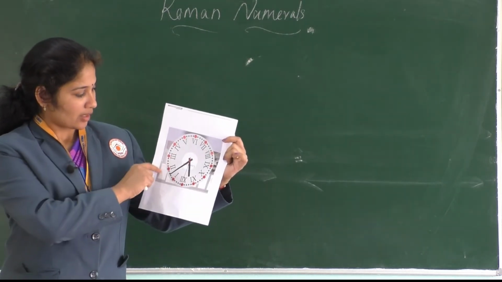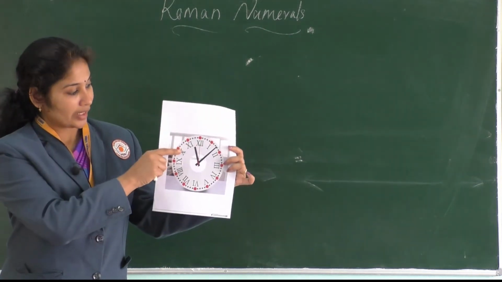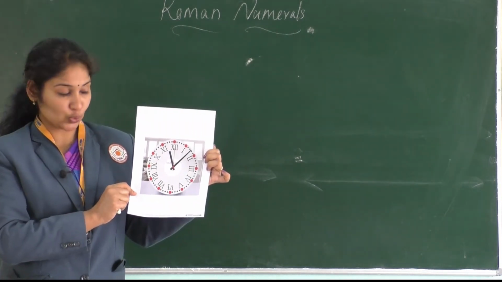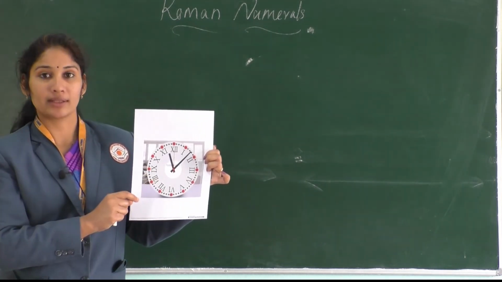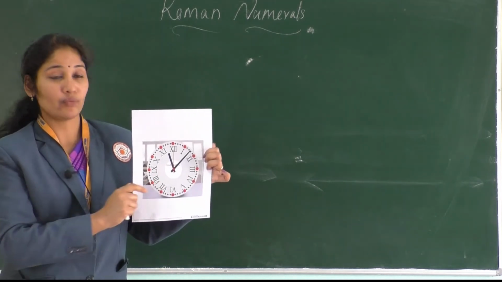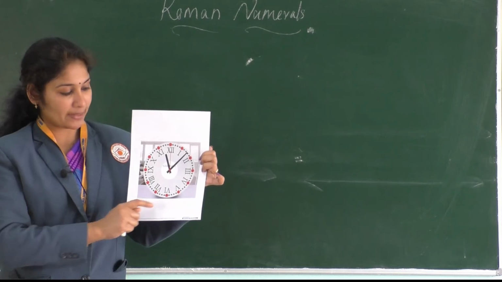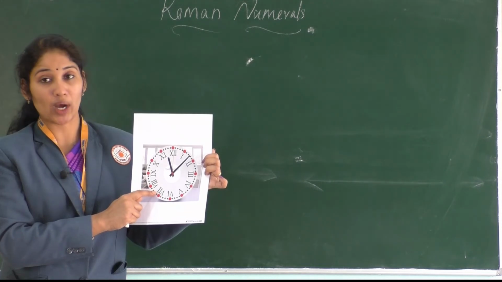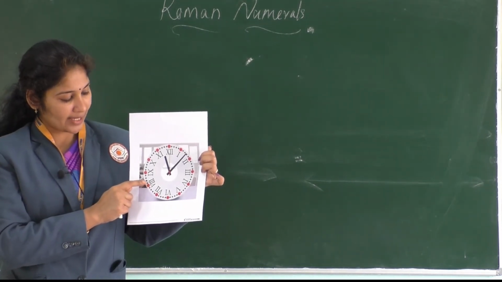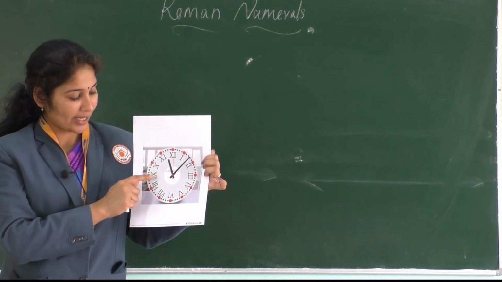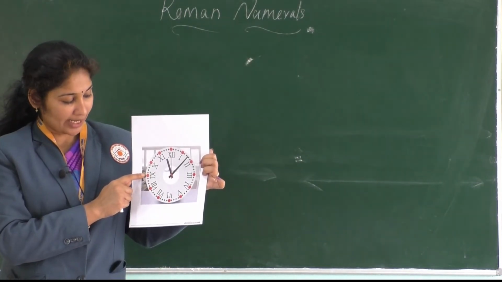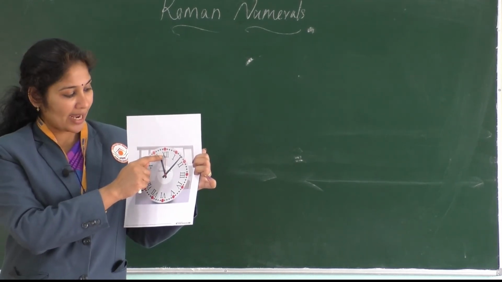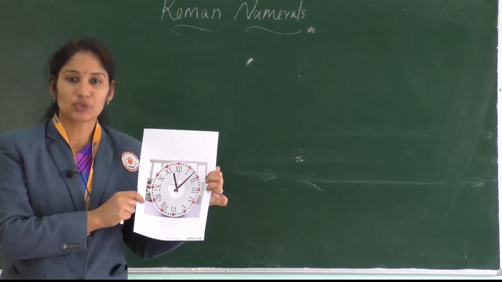Here, I represents 1, II represents 2, III represents 3, IV represents 4 and V represents 5, VI represents 6, VII represents 7, VIII represents 8, IX represents 9 and X represents 10, XI represents 11, XII represents 12.